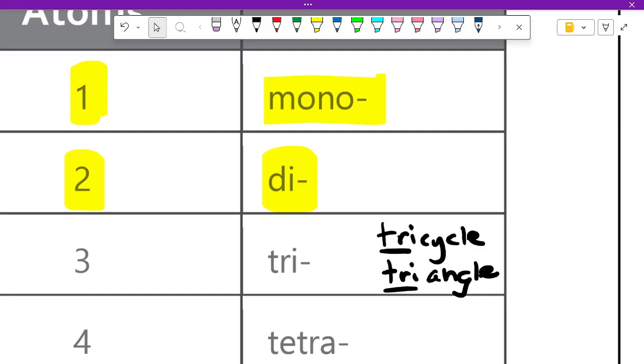I need another pen. That one is dead. If you've ever played Tetris, each little block is made of 4 squares. So 4 is tetra. But that's not a particularly wonderful way to remember it if you've never played Tetris, so you just might need to put that one in your head. Okay?